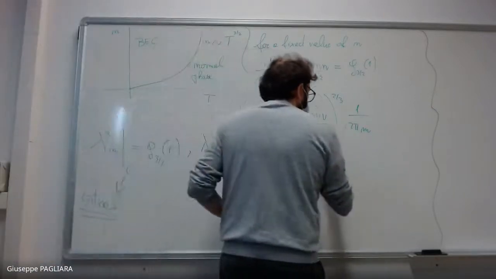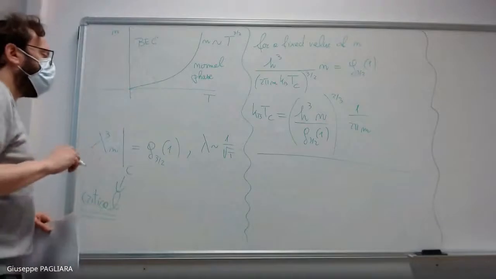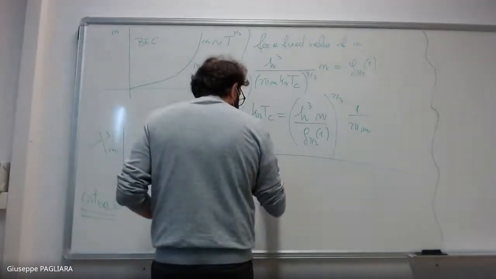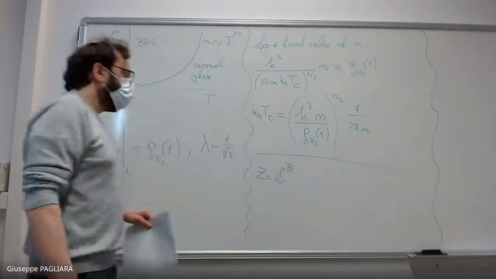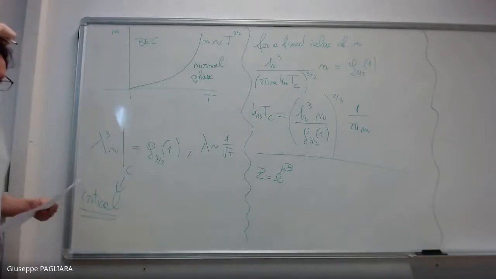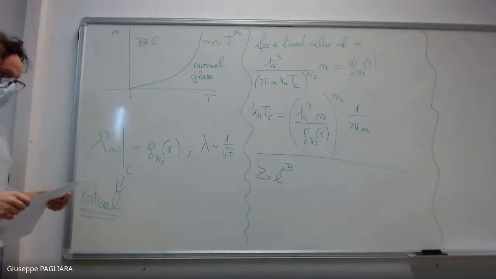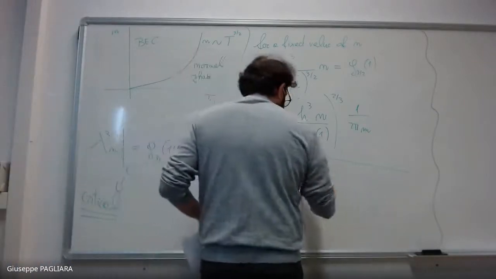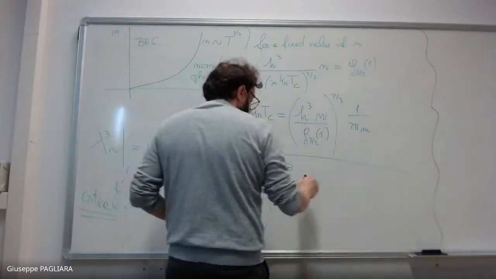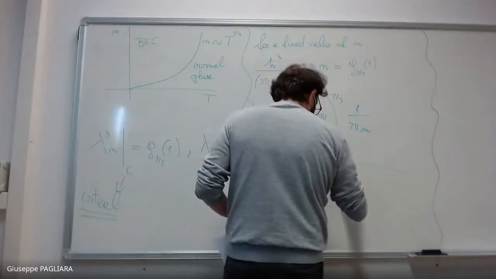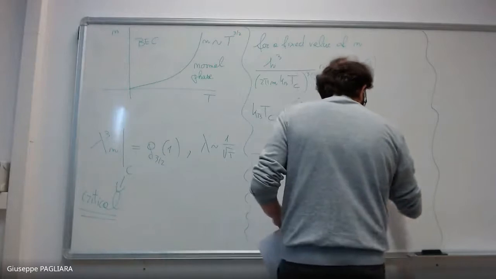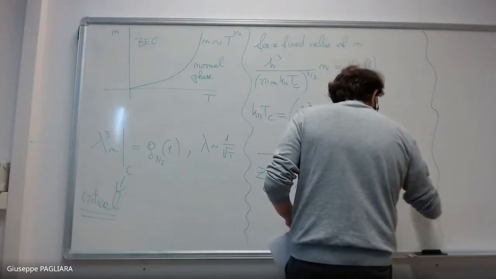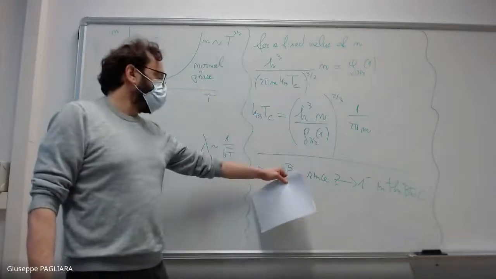Just a short reminder of what we are doing by considering the fugacity. When considering the fugacity, z was equal to e to the mu beta, and therefore, since z is approaching 1 in the BEC, from the left, what happens to the chemical potential?